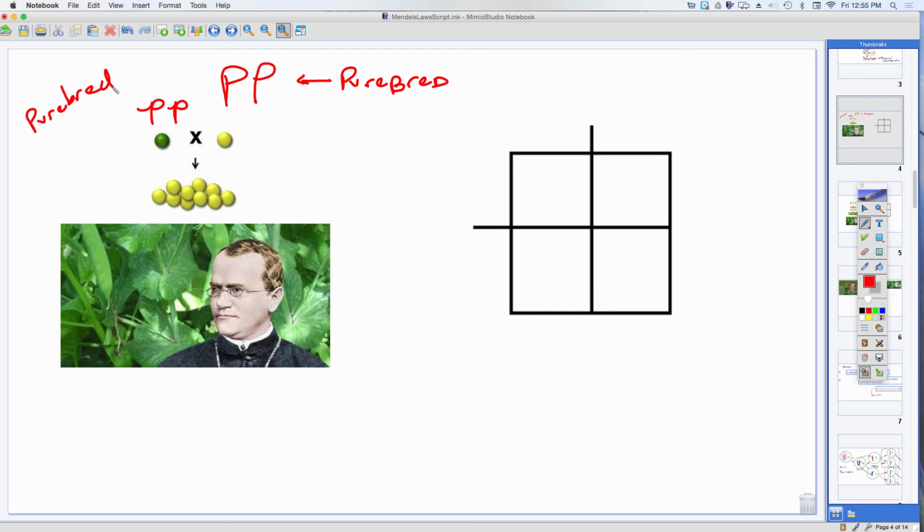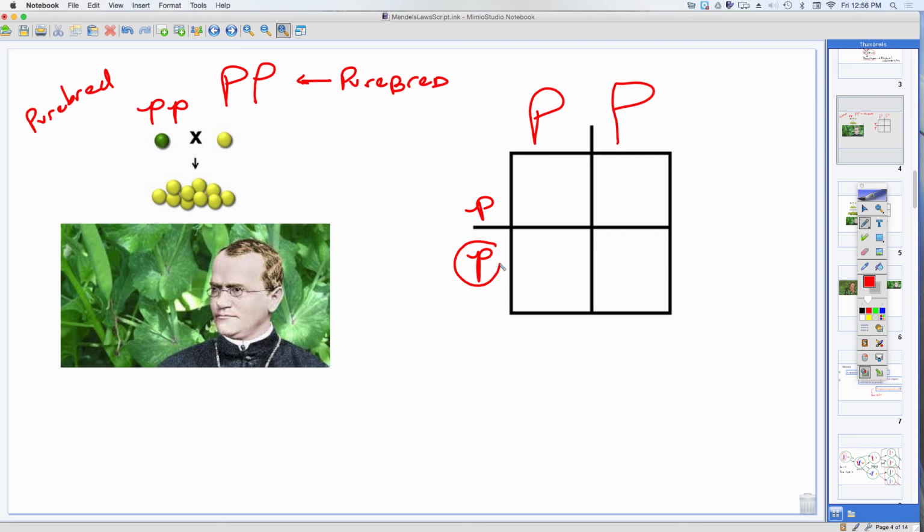And here we are purebred for green, so little p! And so when we set up a Punnett Square, what we do is we're going to take one parent and put it along the top, big P and big P. And then the other parent we're going to put along the side, little p and little p.